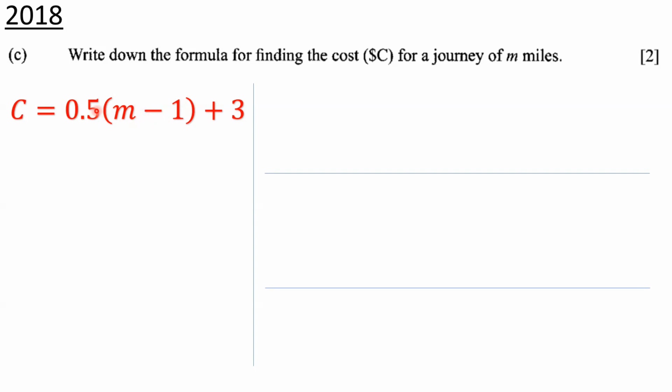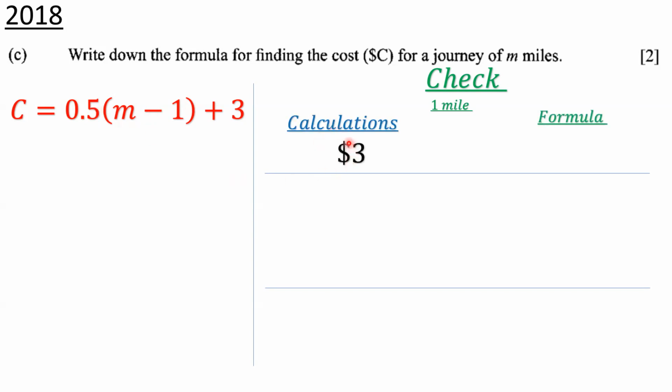Well, let's do a calculation. Let's check it. Let's say, for example, we had 1 mile. If we only had 1 mile, how much would it cost us? With regular calculations, it's only $3, because the first mile is $3. Does our formula match what we said? Well, we have to apply our formula.